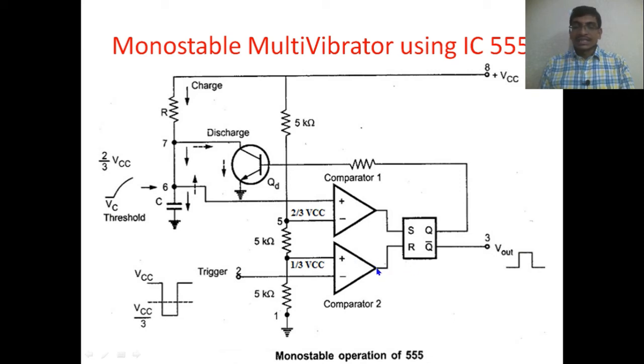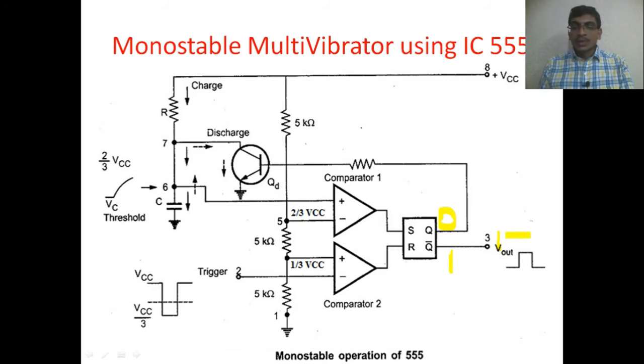This plus V saturation output will reset the flip-flop. The flip-flop will be reset here. When it is reset, then Q is equal to what? Q is equal to 0 and Q bar is equal to 1 here.